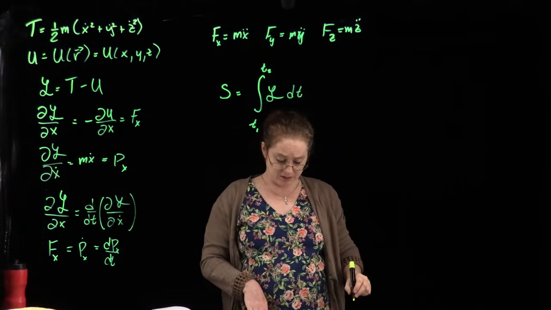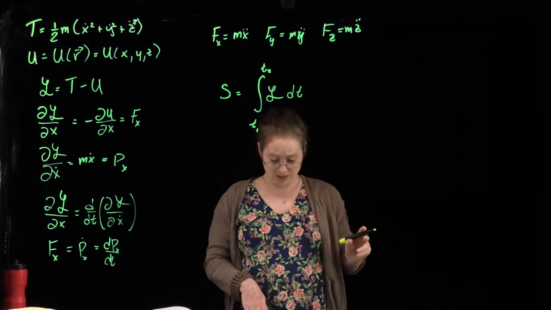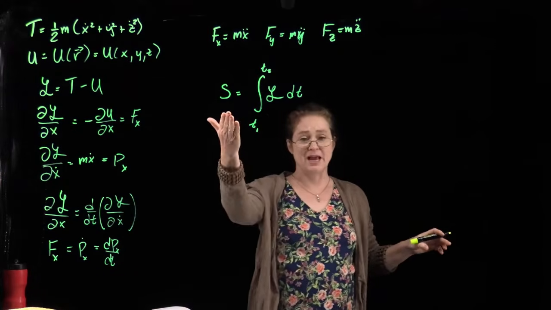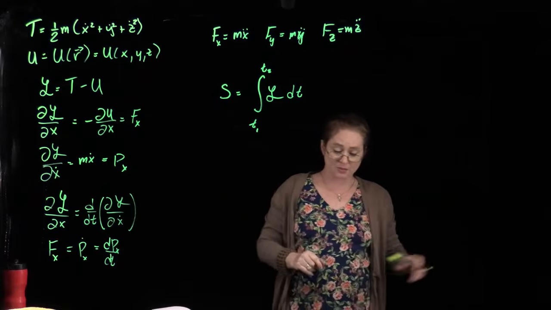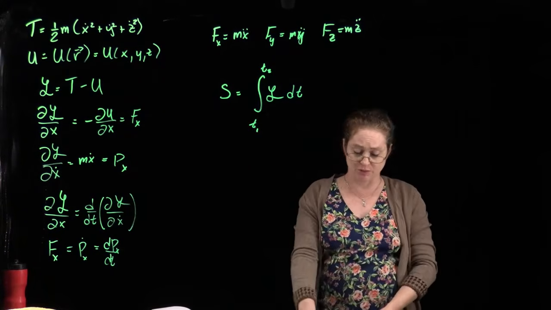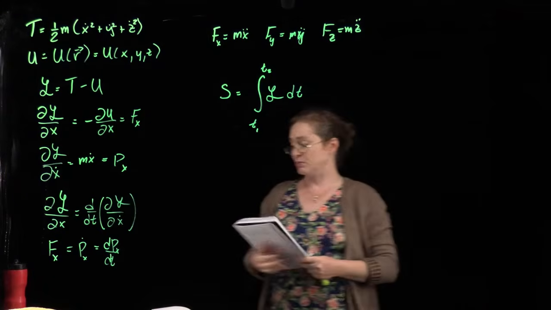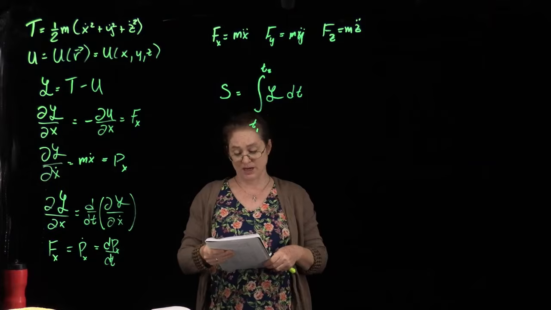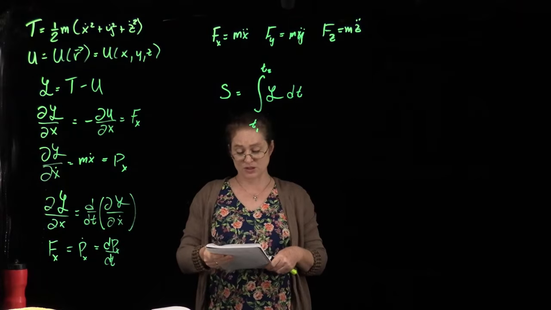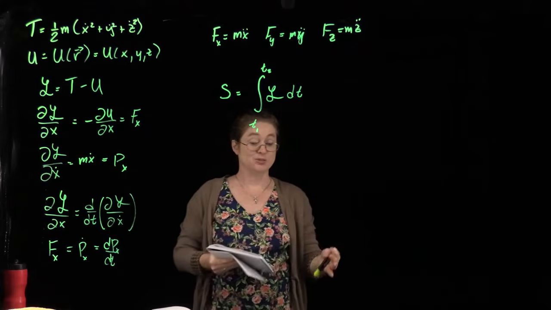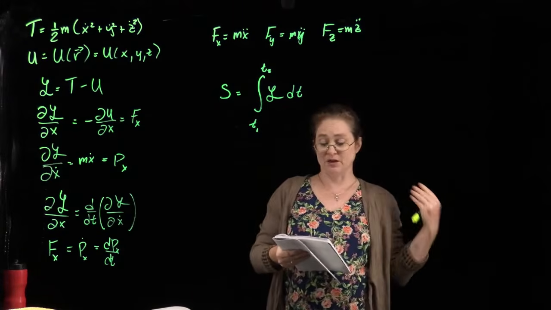And Hamilton's principle says that the actual path is that which makes the action stationary. So then we have three equivalent statements: that a particle's path is determined by Newton's laws, that its path is determined by Lagrange's equations, and that its path is determined by Hamilton's principle. So all three are saying the same thing.